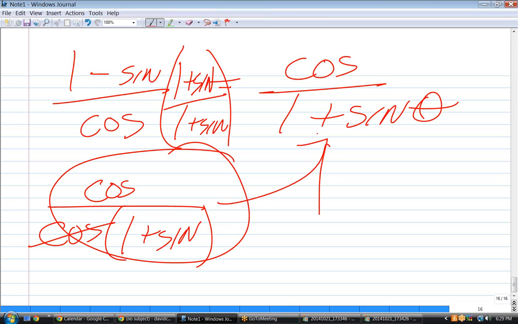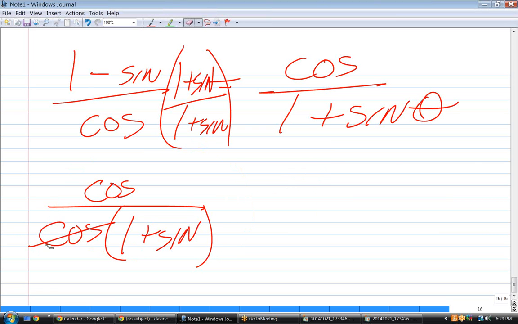And I could have operated on the right side and multiplied by the conjugate 1 minus sine and turned it into the left side easily with one step also. I guess what I'm trying to get you to look at is why this is an automatic multiply by the conjugate.